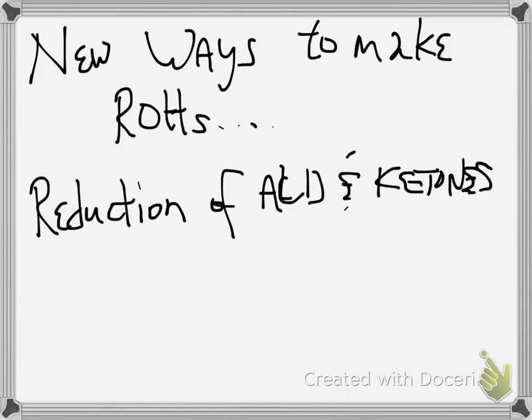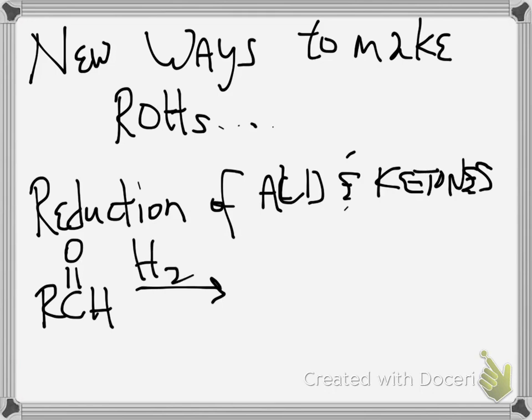The first, or the simplest, reduction of an aldehyde or a ketone is really just our good friend hydrogen, in just the generic way. So we have an aldehyde here, and if it was a ketone, instead of the hydrogen you would have another R group there. And our good friend hydrogen that we've seen with the reduction of alkenes. Think back to what catalyst or catalysts could be used for the hydrogenation reaction.